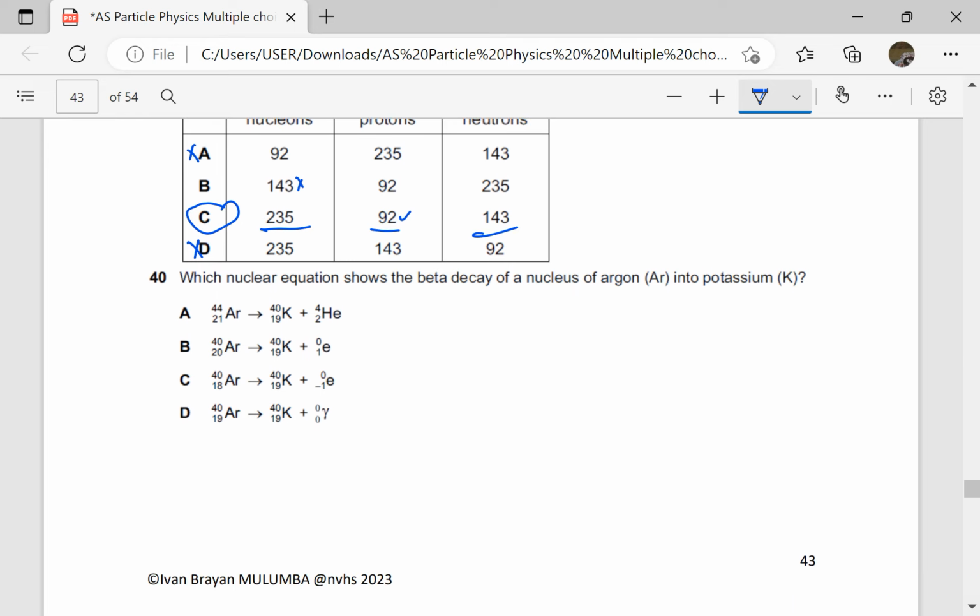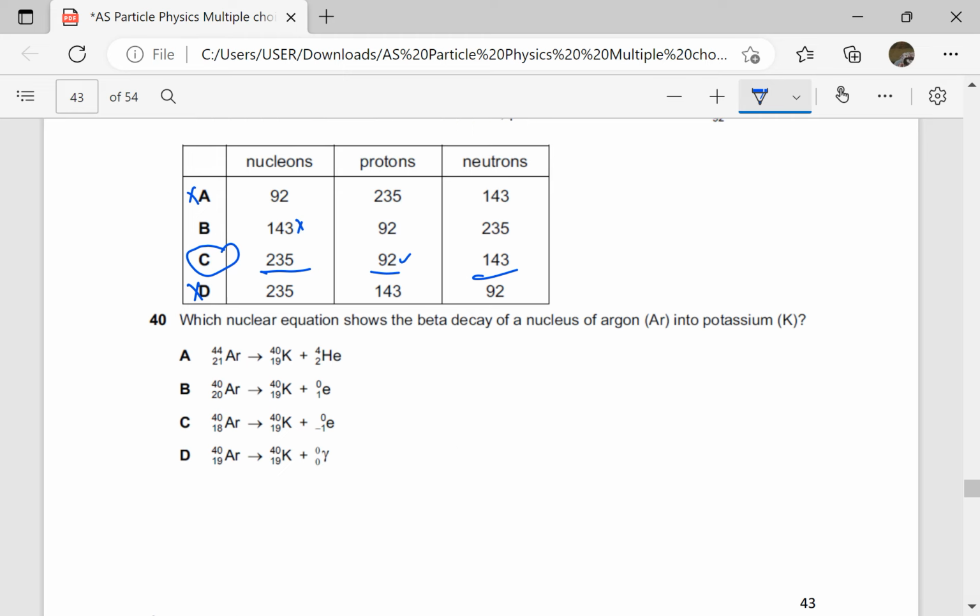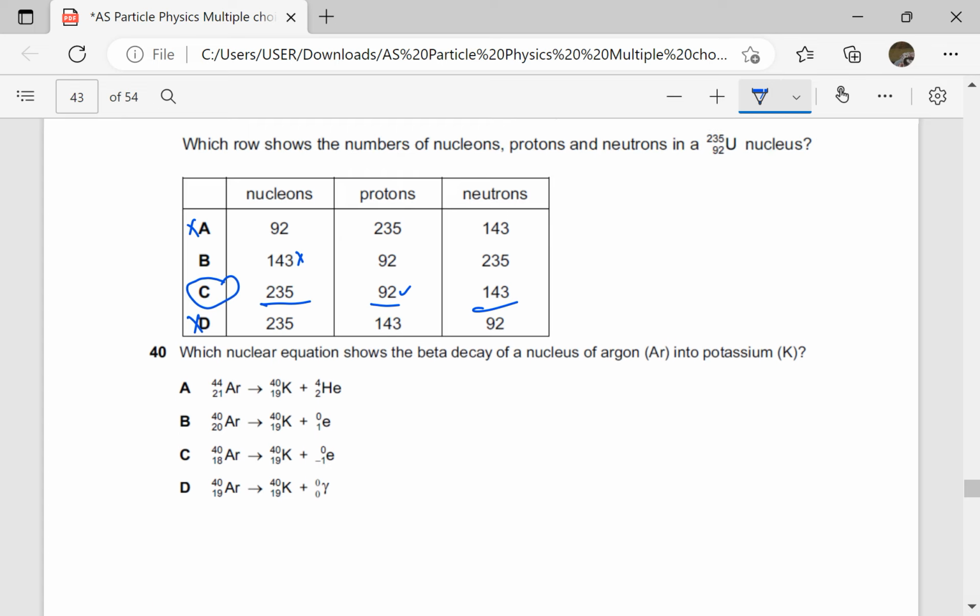Which nuclear equation shows the beta decay of a nucleus of argon into potassium K? Let's check. Here the proton number was reduced by 4, here by 2, for a helium nucleus.